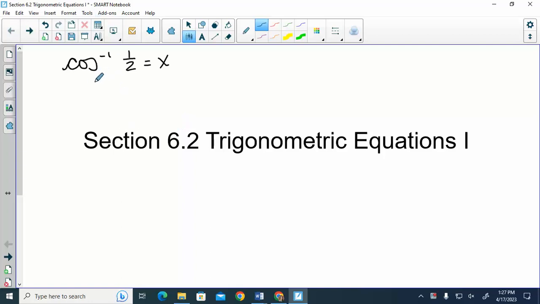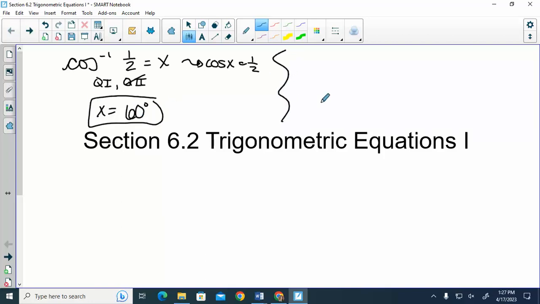If it's an inverse, it could be quadrant 1 or 2 for cosine. Since it was positive 1/2, it was quadrant 1. And then we are asking ourselves, okay, this is just like saying cosine of some angle x equals 1/2. What's that angle? So when is cosine 1/2? 60 degrees.